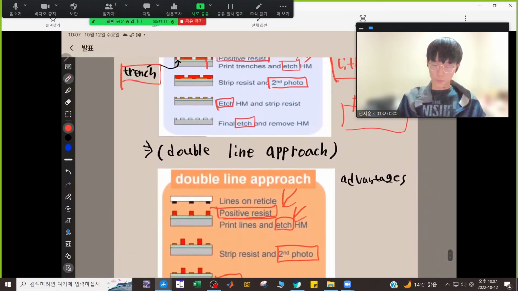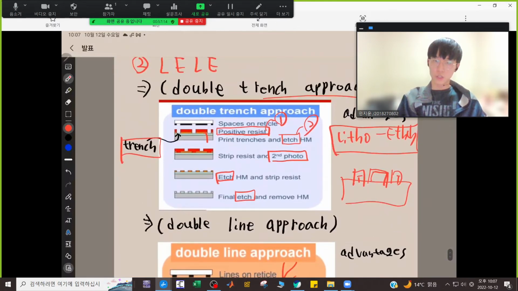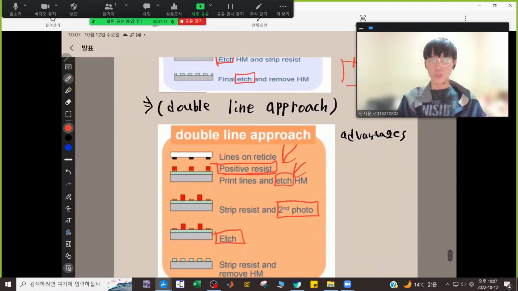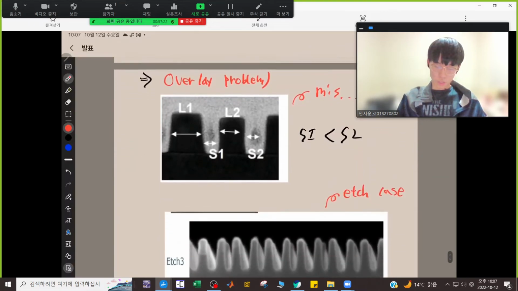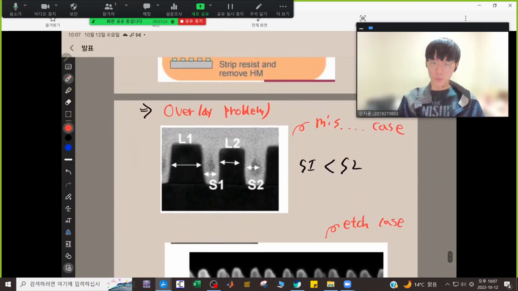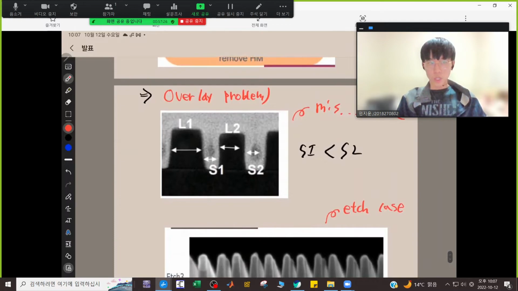So this LELE method is used for making memory. But this method has an overlay problem.